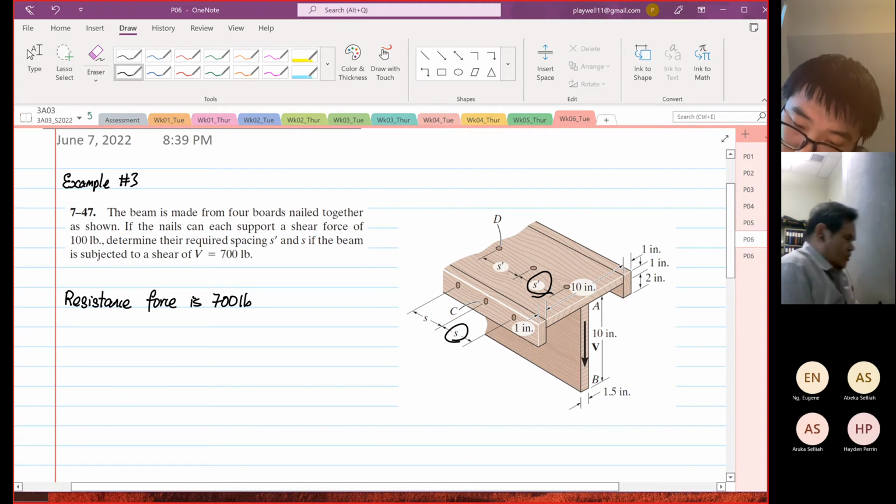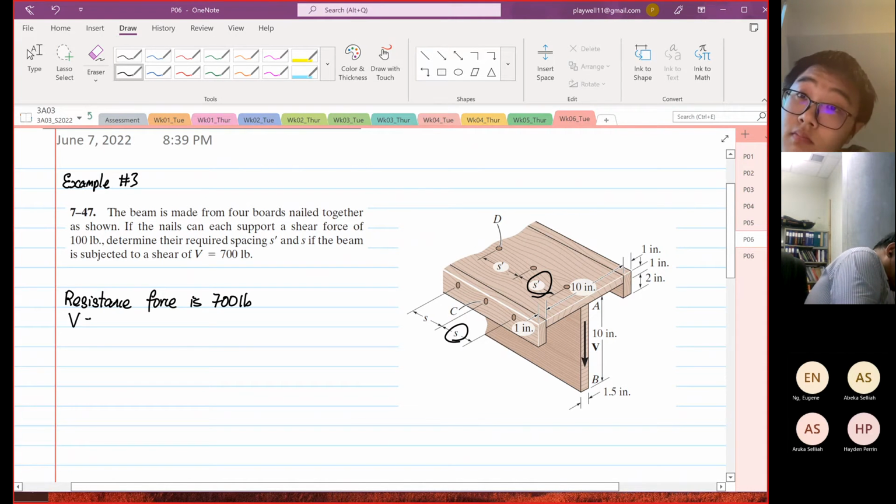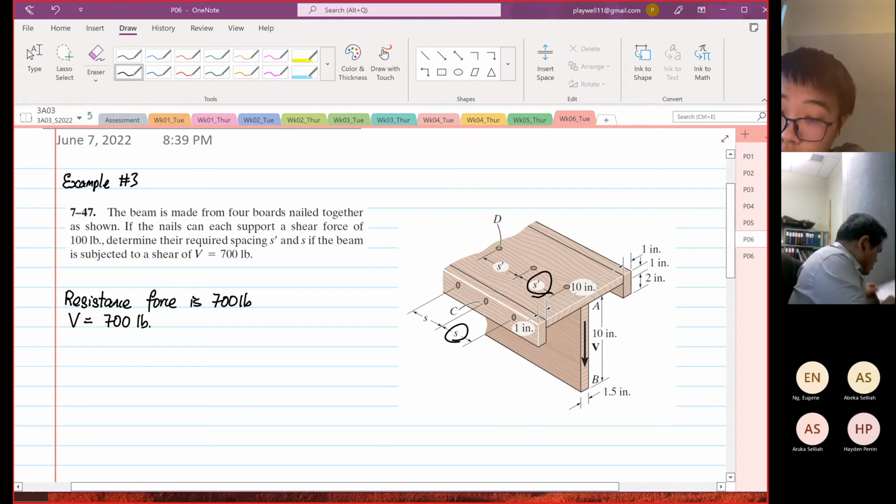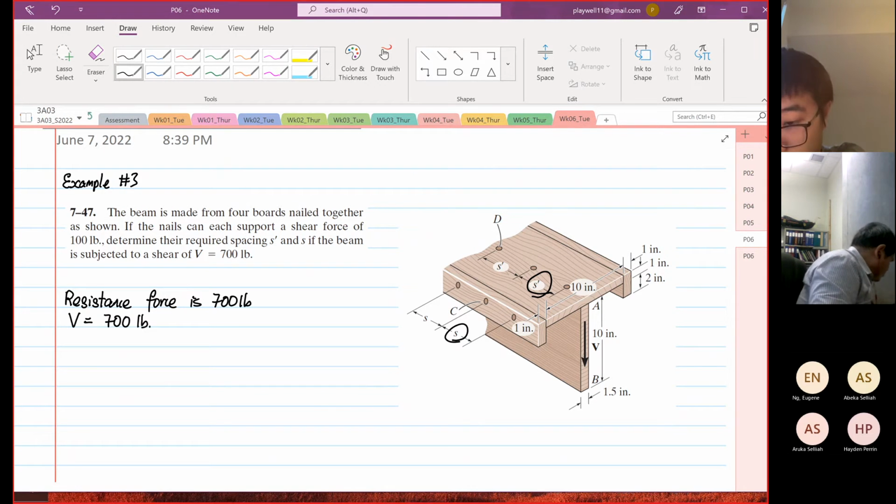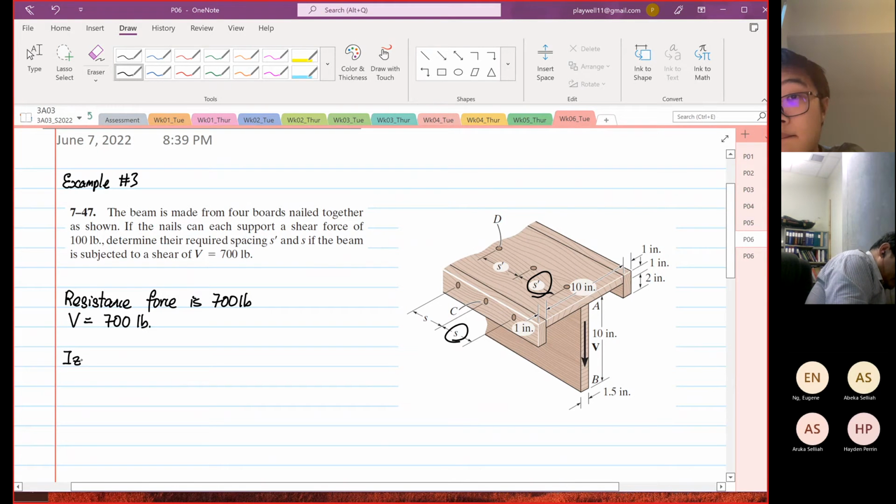We know that, and we are aware that the V it has to carry is 700 pounds. For this case, as I mentioned, I'm not going to find the centroid. I will just write down the Izz and the centroid.